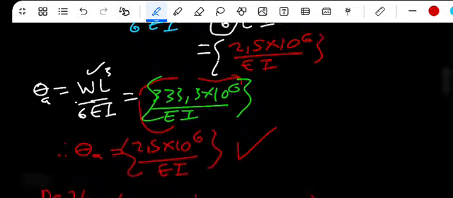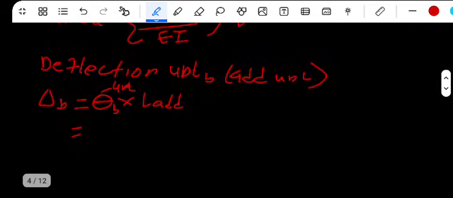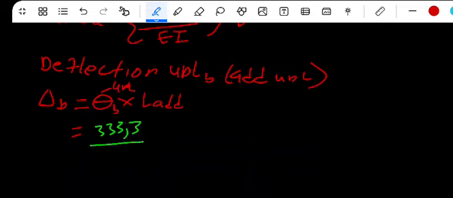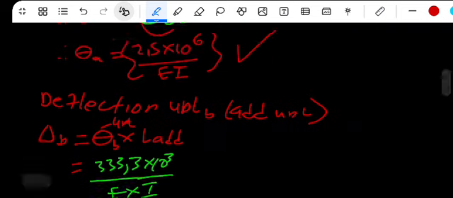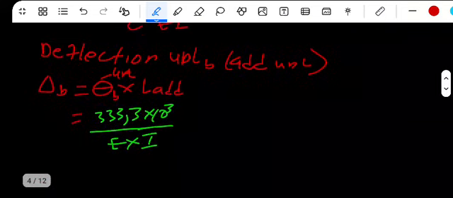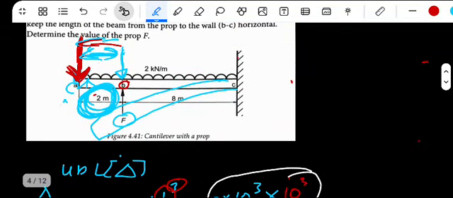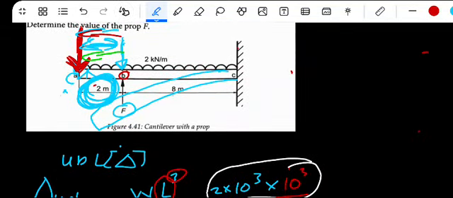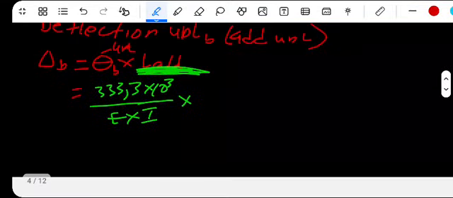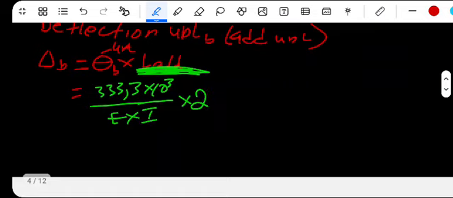So this slope, as you can see, was 3 times 10 to the power of 3 over EI, E being the modulus of elasticity and I the second moment of area. Now the slope multiplied by the additional length of 2 will be 2 multiplied by that.